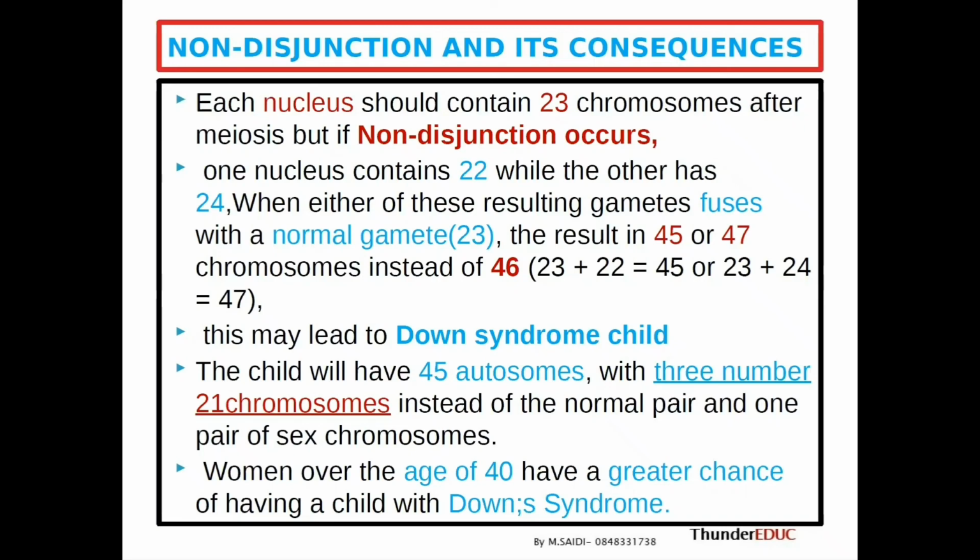Okay, with 3 chromosomes of number 21 instead of the normal pair, plus 1 pair of sex chromosomes. Women over the age of 40 have a greater chance of having a child with Down syndrome. So we note that women over 40 have more chances of having children with Down syndrome.